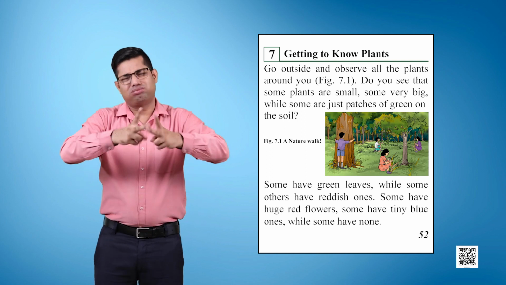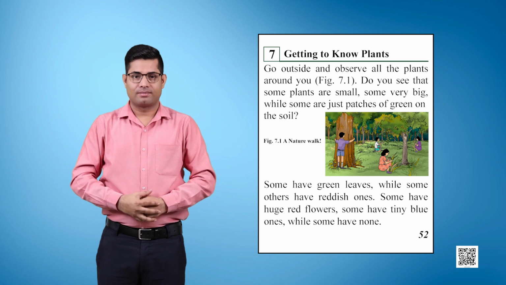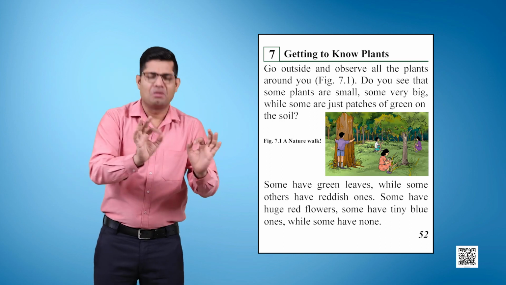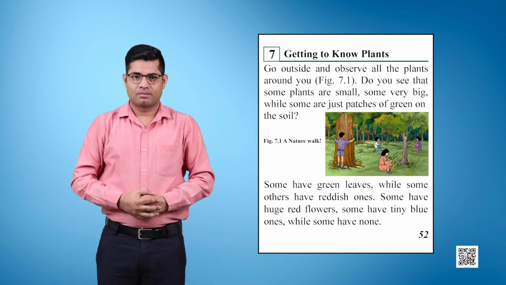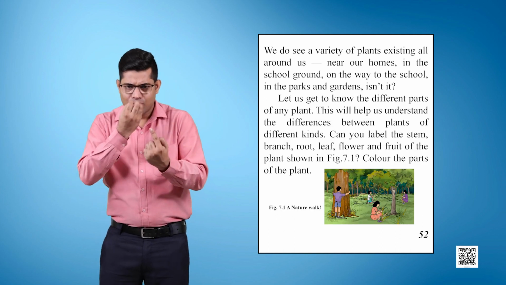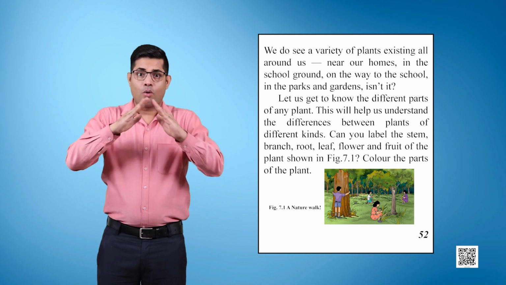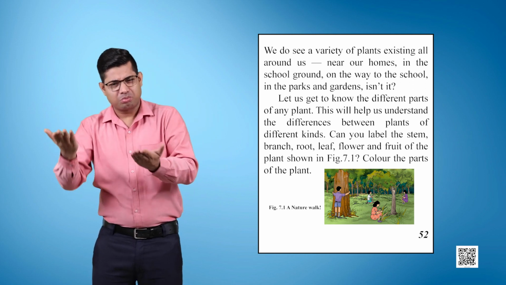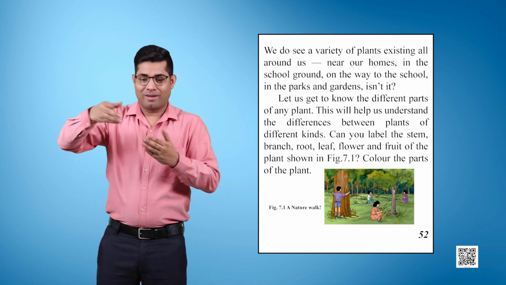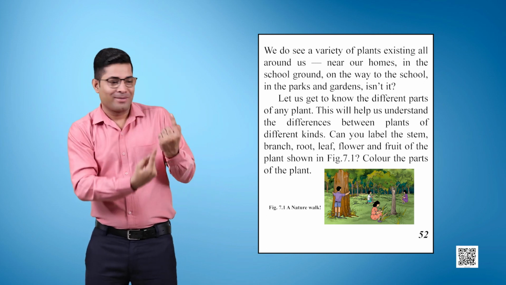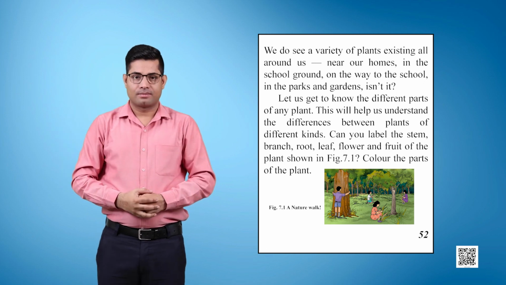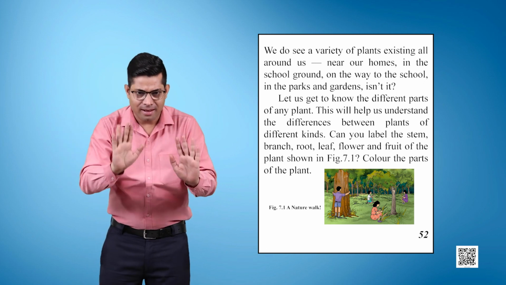Some have tiny blue ones, while some have none. We do see a variety of plants existing all around us, near our homes, in the school ground, on the way to the school, in the parks and gardens. Isn't it?